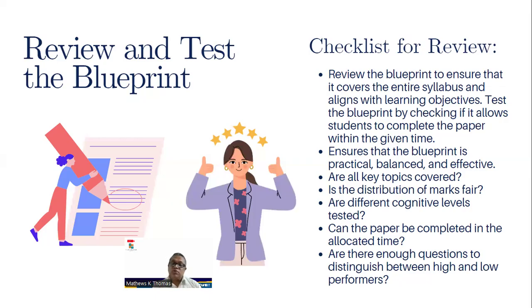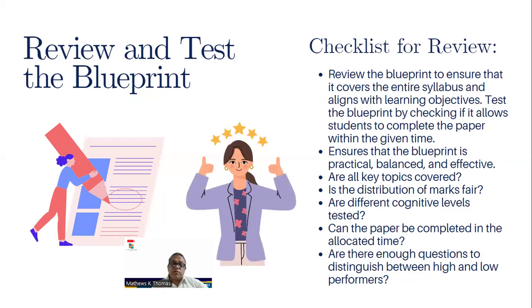Even in boards, you will find that there are a few questions which are a little difficult as compared to the rest of the paper, because they don't want everybody to become a high achiever. Otherwise, the meaning of that word high achiever is lost, right?